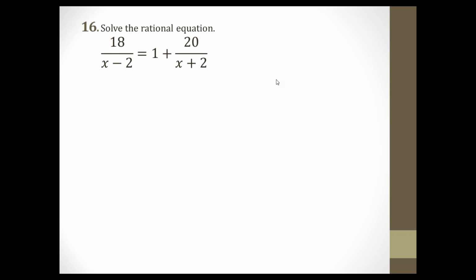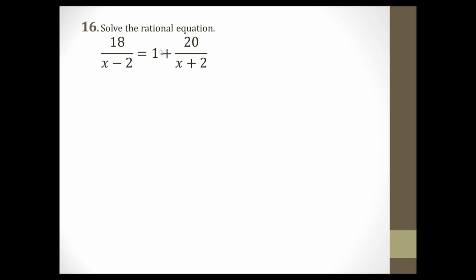Okay, so 16, solve the rational equation. All right, so continuing what you guys have been working on, we want to multiply by the least common denominator. So we have to work with x minus 2 and x plus 2. So we need to make sure and include those two factors in our least common denominator.